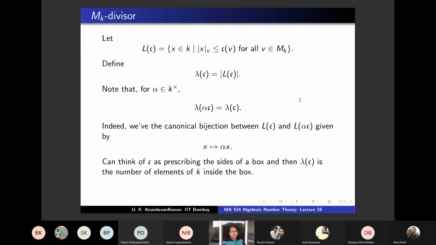Lambda C is the number of elements of K inside this box. So think of the K size of C as the volume of this box. How did we define it? It is the product over all v of the norm of alpha, in other words, mod alpha power N_v, where N_v is the degree.